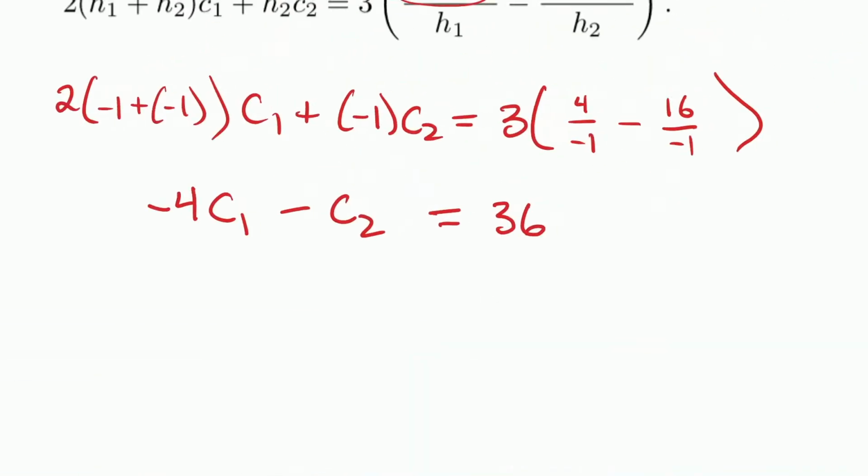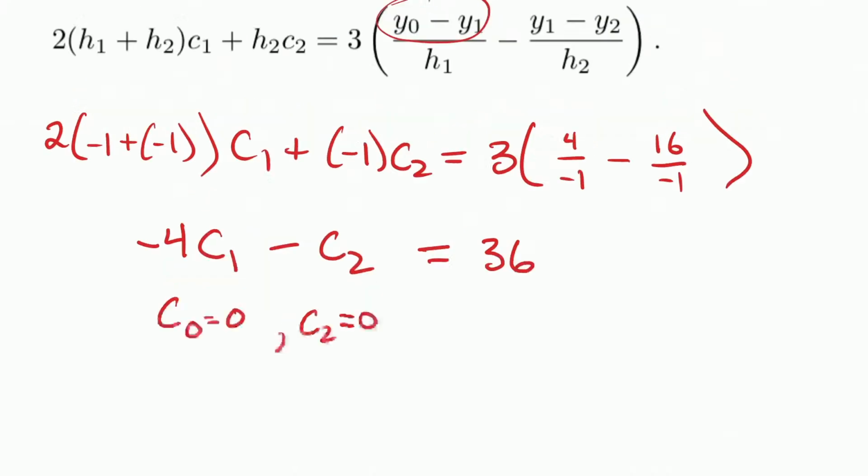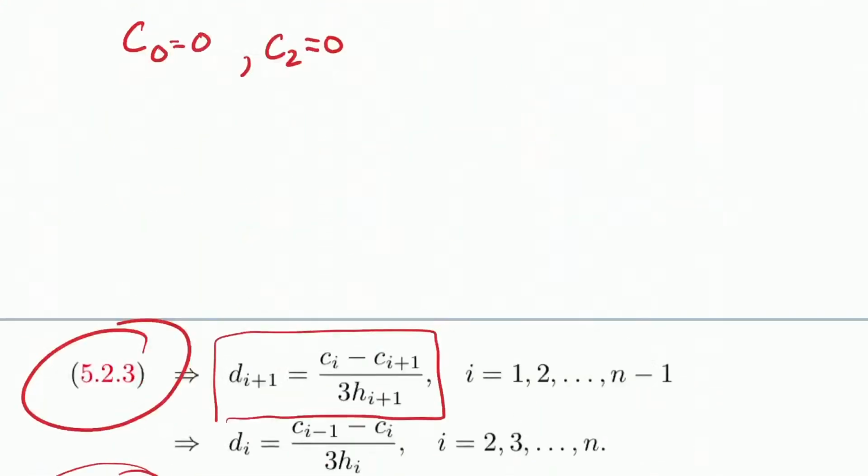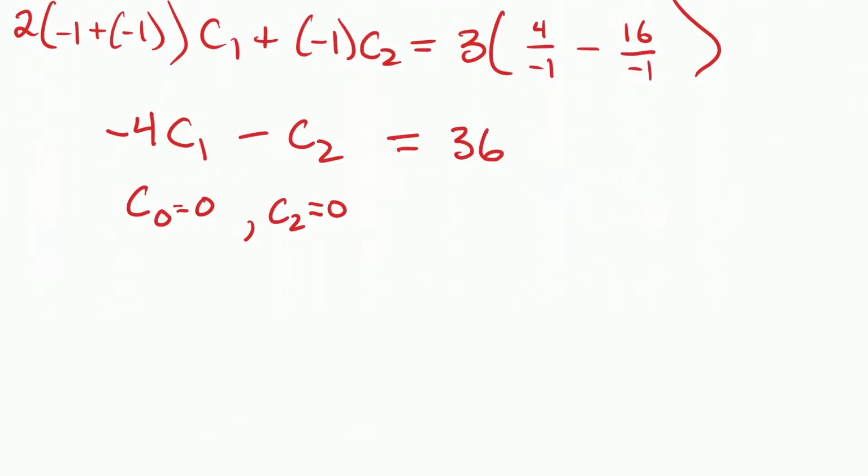Maybe I made a mistake choosing to do this topic at the end. Yeah, C0 equals 0 and C2 equals 0. I think that's the deal, so the first and last ones are 0 because of the second derivative. And oh, we don't even have a C0. Well, that's okay. So C2 is equal to 0. So that means that C1 is negative 9.